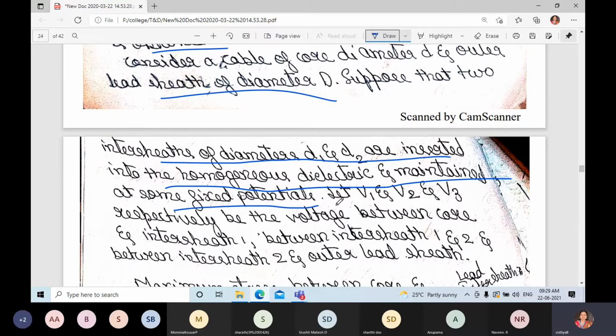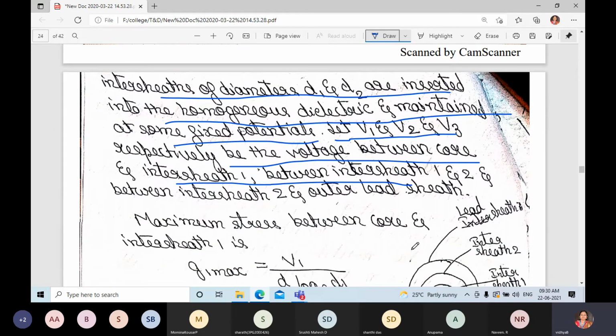Let V1, V2, V3 respectively be the voltages between the core and intersheath 1, between intersheath 1 and 2, and between intersheath 2 and the outer lead sheath.